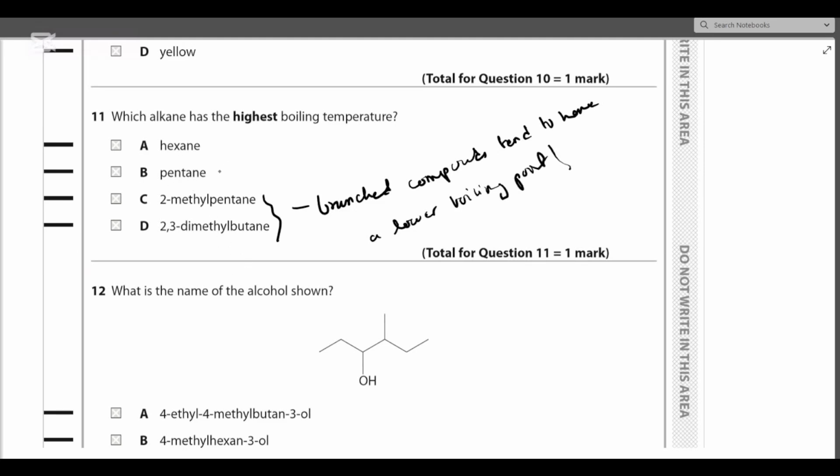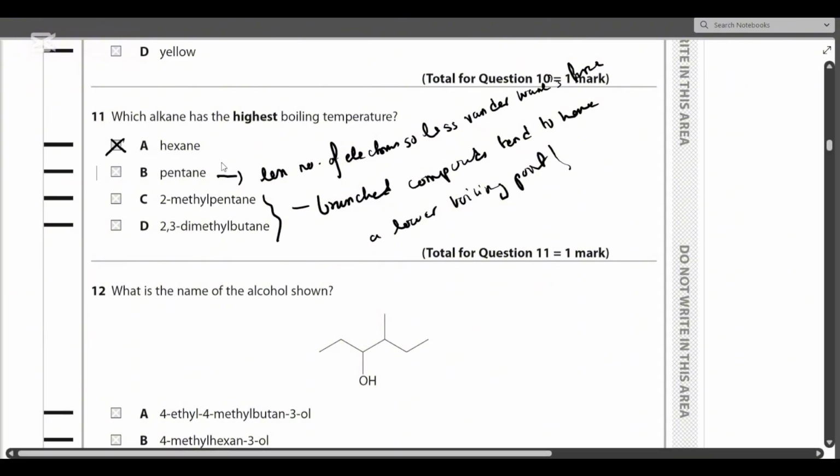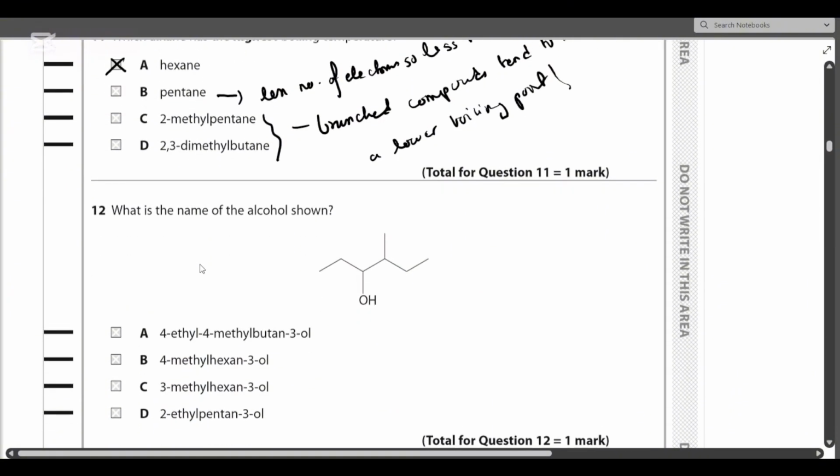This leaves just B and A. Now, pentane contains fewer electrons, so there is less van der Waals force. With less van der Waals force, the boiling temperature compared to hexane is going to be lower. So obviously the answer would be A, which has the highest boiling temperature, considering it has no branch and it is a straight chain with the highest number of electrons among all the compounds right here.